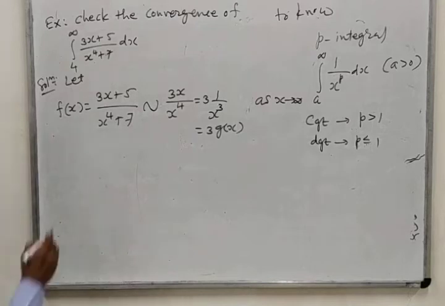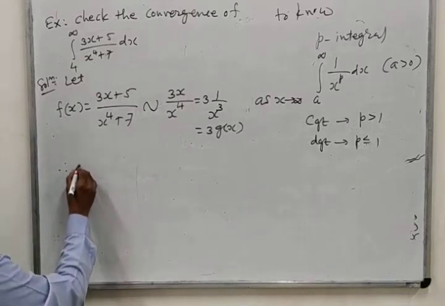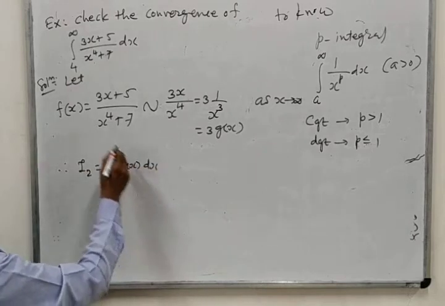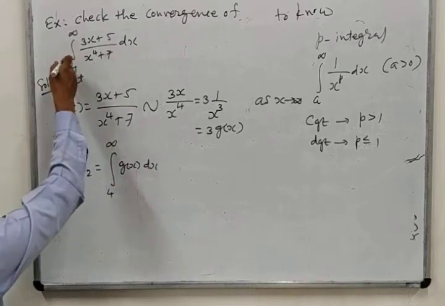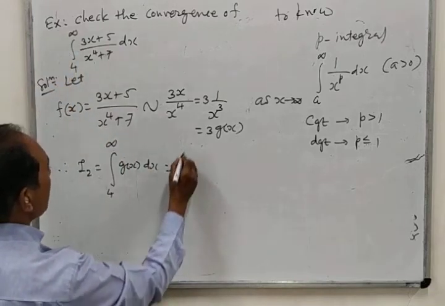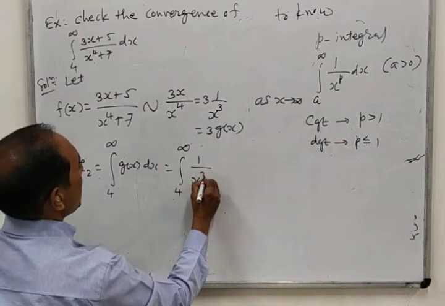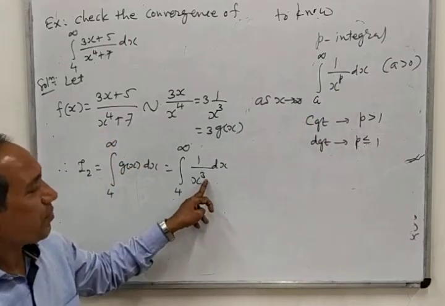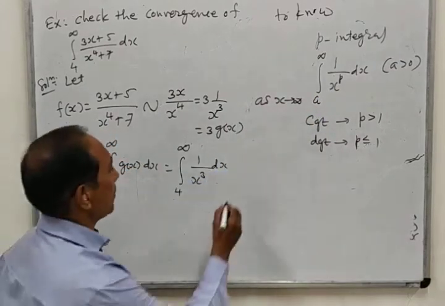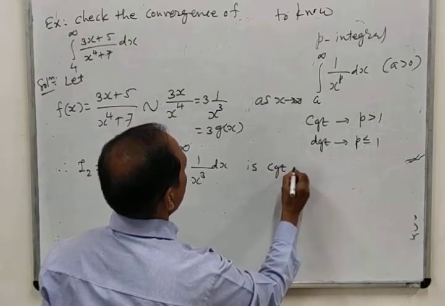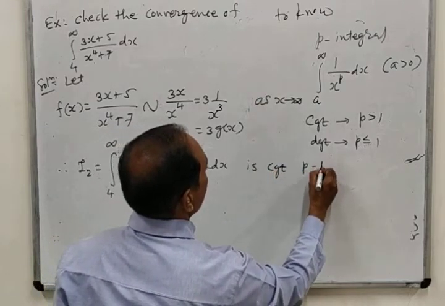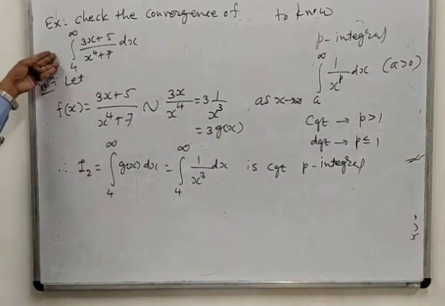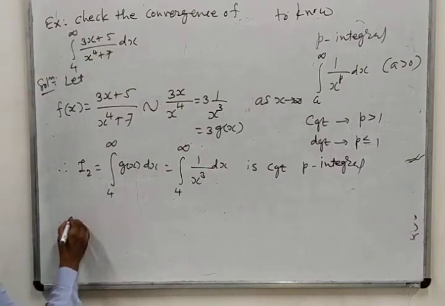Therefore we have I2 equal to the integration of g(x) dx, with the same limits, 4 to infinity. That means the integral from 4 to infinity of 1 upon x cube dx. Is this convergent or divergent? Yes, it is a p integral, and p equal to 3 is greater than 1, so it is convergent. It is a convergent p integral, and so obviously this integration is convergent.